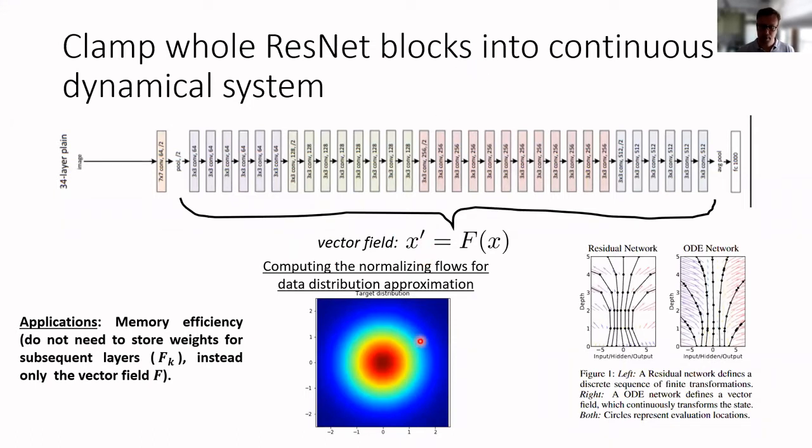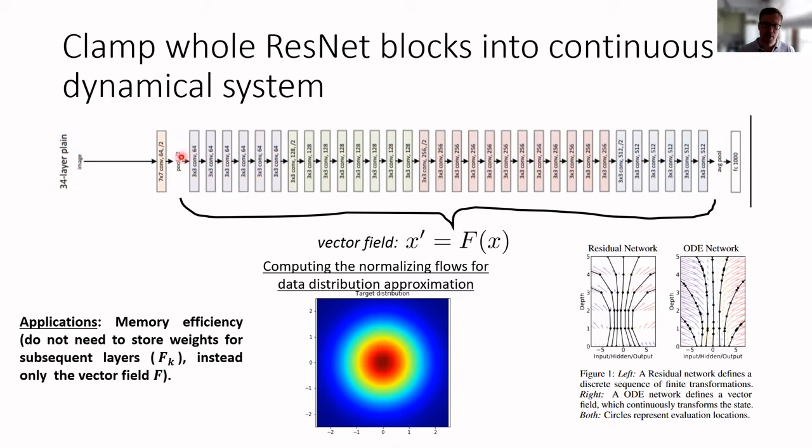So the idea in this paper is to interpret neural networks as dynamical systems, and to train dynamical systems instead.